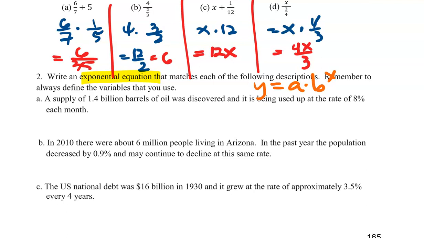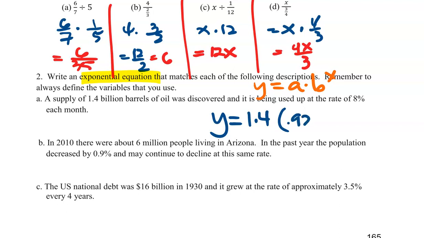So an exponential equation here, y is equal to 1.4 billion barrels times, used up at the rate of 8% each month, so 1 minus 0.08.